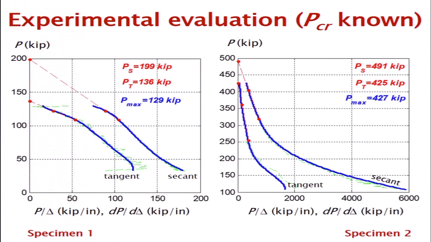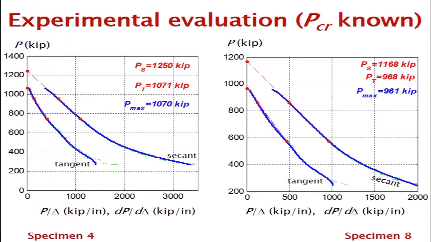And you can see here that in our case, we are doing quite well, at 136 versus a computed one of 129, while the secant or the Southwell plot would have predicted a much larger value. And similarly here, we did any number of studies along those lines to convince ourselves that this worked.